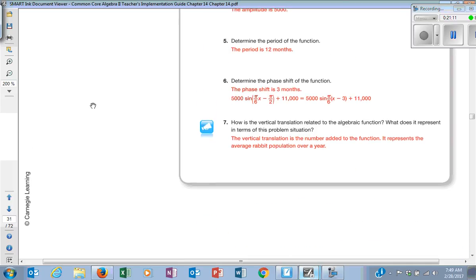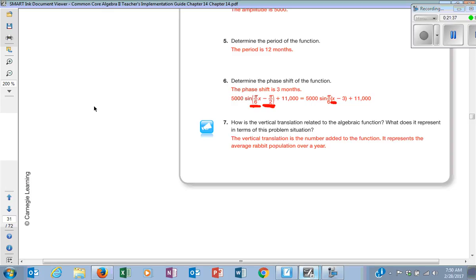All right, now the phase shift. The phase shift is a little bit more of a pain in the butt. The reason why is you see this pi over 6 right here? And do you see this right here? I've got it to be where it's just x in there by itself with the phase shift. So what they do is they say, hey, what do these guys have in common?